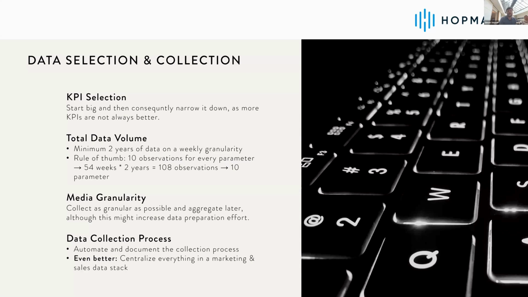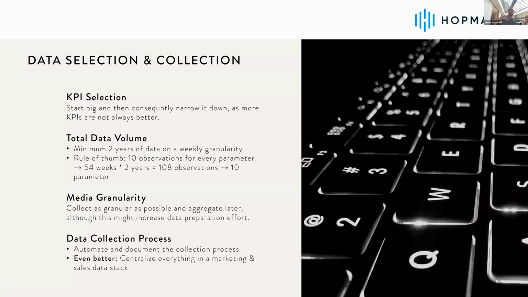A rule of thumb regarding the data volume that I want to give you, because that's often the first question if clients approach us regarding marketing mix modeling. You should have at least 2 years of data on a weekly granularity for all the channels that are important for you and that you actually want to get some results for at the end. With less data, it's getting quite difficult. Also, another rule of thumb: you should have 10 observations for every parameter.